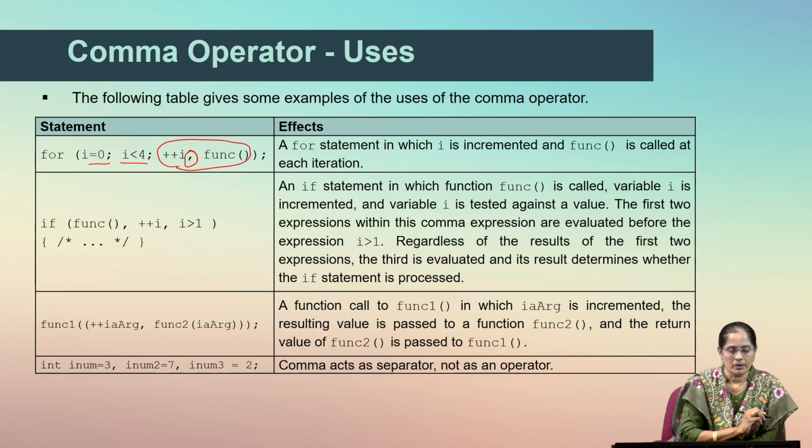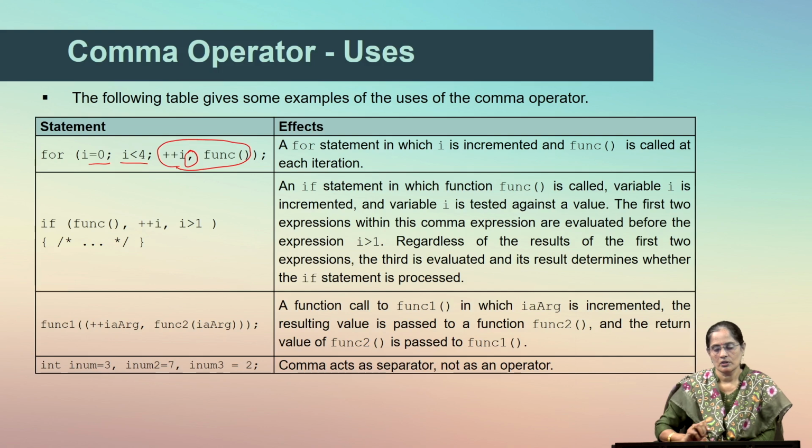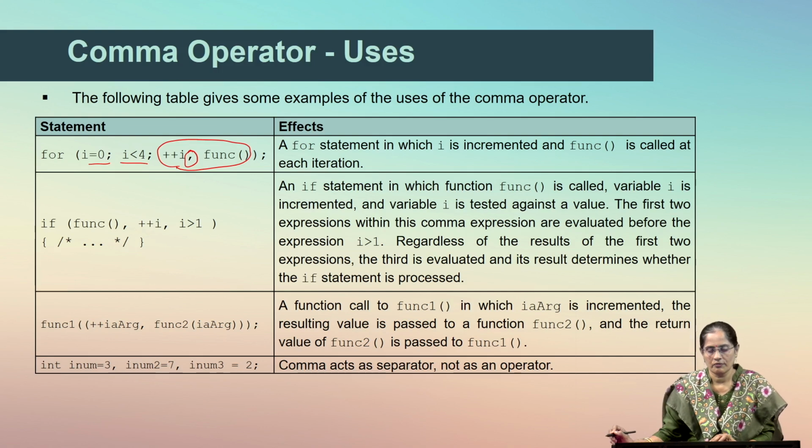The second example is one in which the comma operator is used in an if statement. In this if statement, the function is called, variable i is incremented and variable i is tested against a value. There are two steps here.